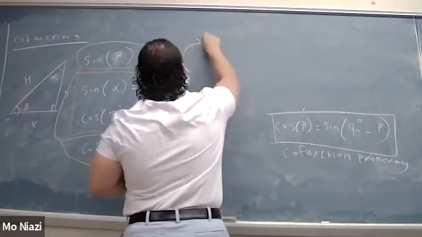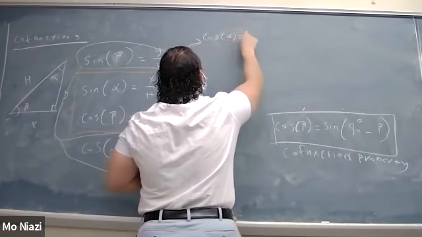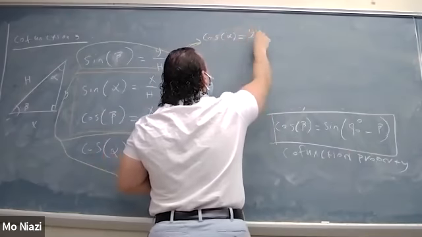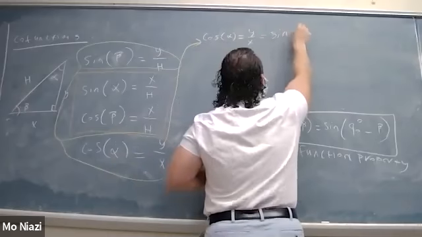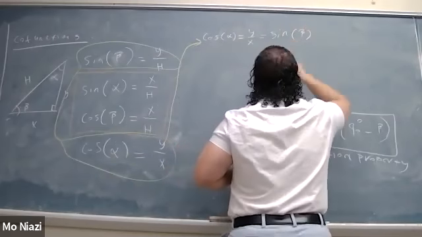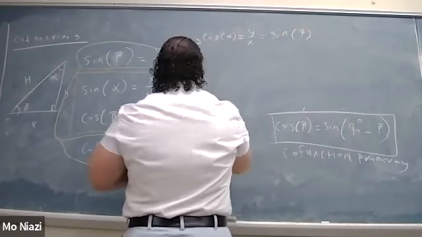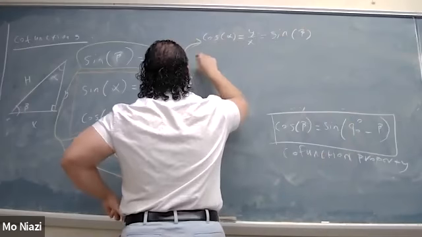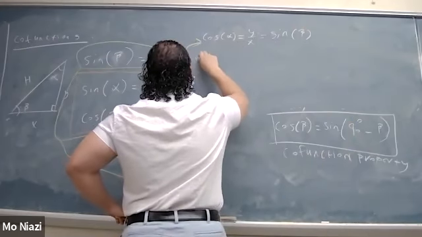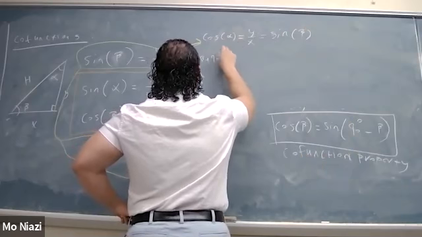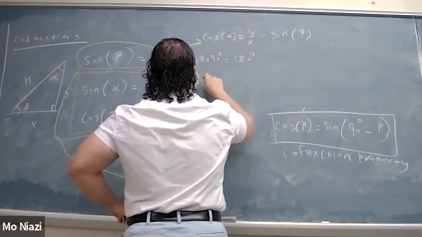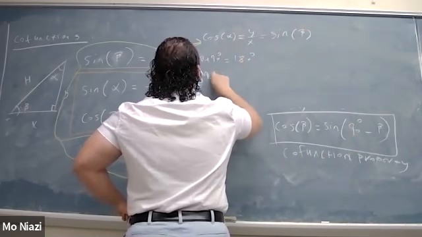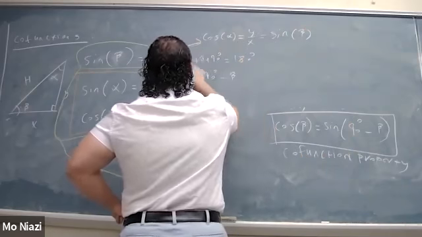So we have cosine of alpha is equal to y over x, which is equal to sine of beta. But remember, we did some mathematics where we said alpha plus beta plus 90 degrees is equal to 180, which then we solved for alpha and we got alpha is equal to 90 degrees minus beta.